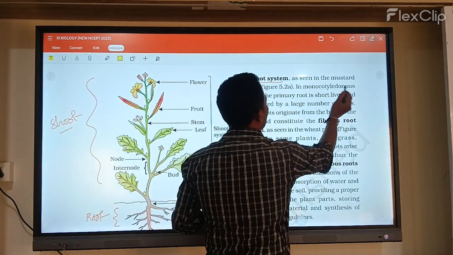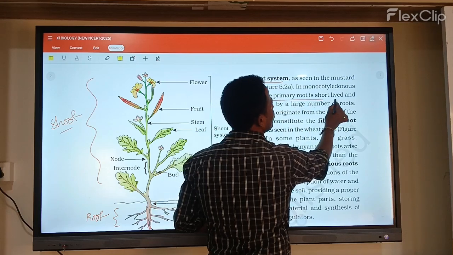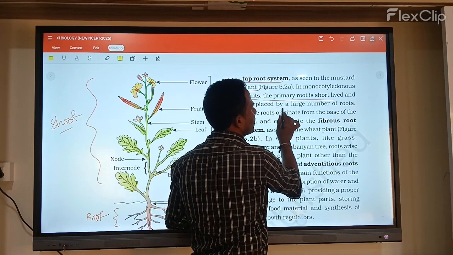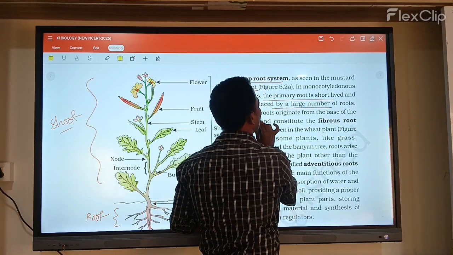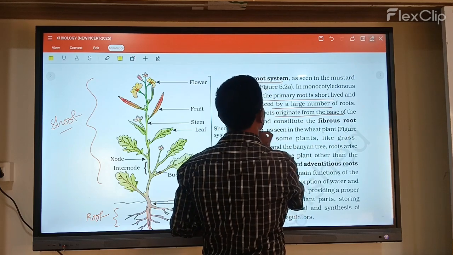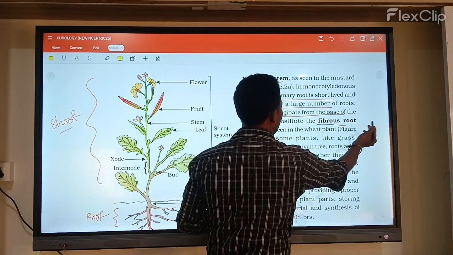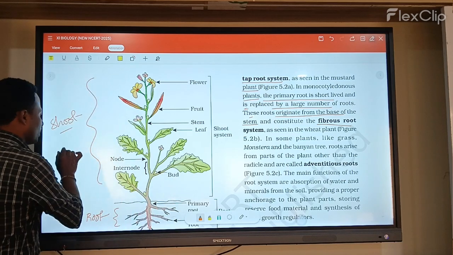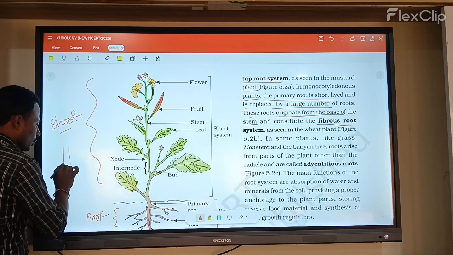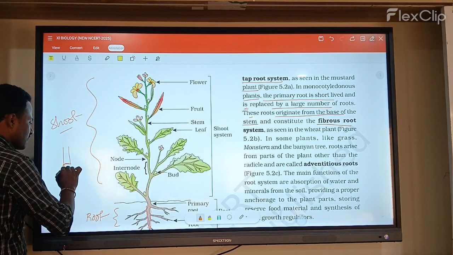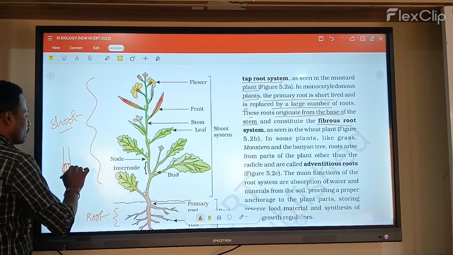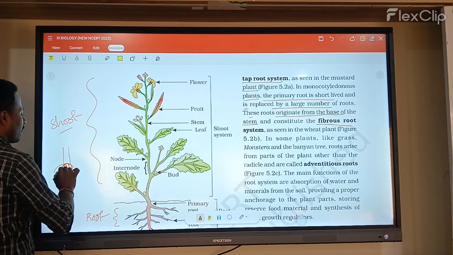Now, in monocotyledonous plants, the primary root is short-lived and is replaced by a large number of roots. Those roots originate from the base of the stem. It consists of fibrous roots. For example, take a monocotyledon plant. Here a number of roots, or a bunch of roots, are noticed at the lower node.